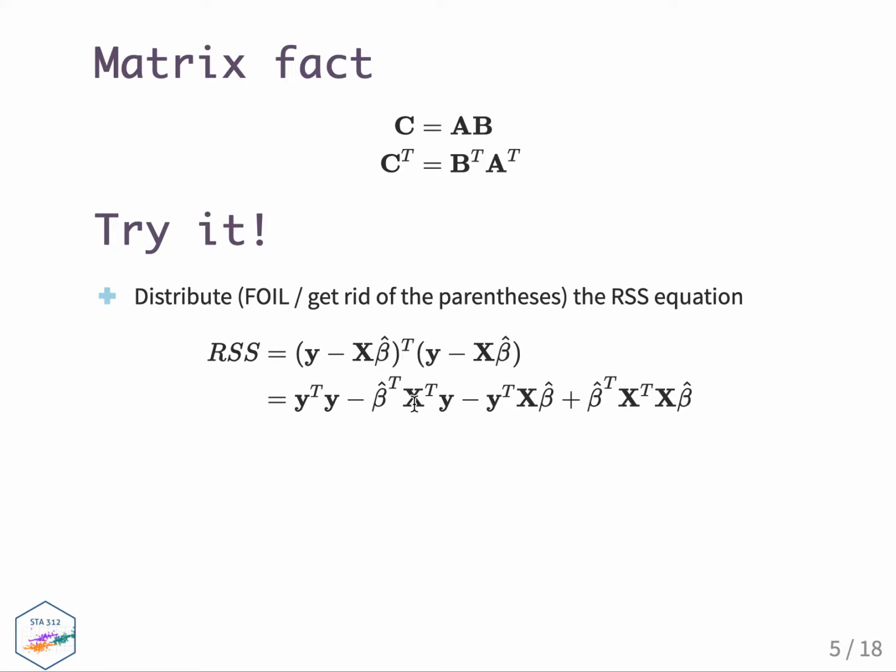So we end up with beta transpose x transpose, and we multiply that by this first one here, y. And then we're going to end up with y transpose times x beta hat. And then finally, this beta transpose x transpose here times x beta hat. So that's how we would FOIL that out.